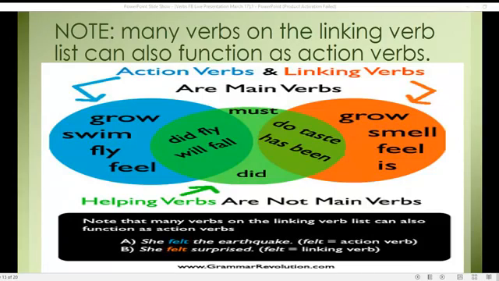Let's say for example, she felt the earthquake. Felt is an action word or an action verb. While the other one, she felt surprised. So nag-iiba siya ng function. It depends on the structure of the sentence. So, she felt the earthquake. Ibig sabihin, meron na siyang subject, meron na siyang verb, and we have the object which is the earthquake. So, that is why felt is an action verb.